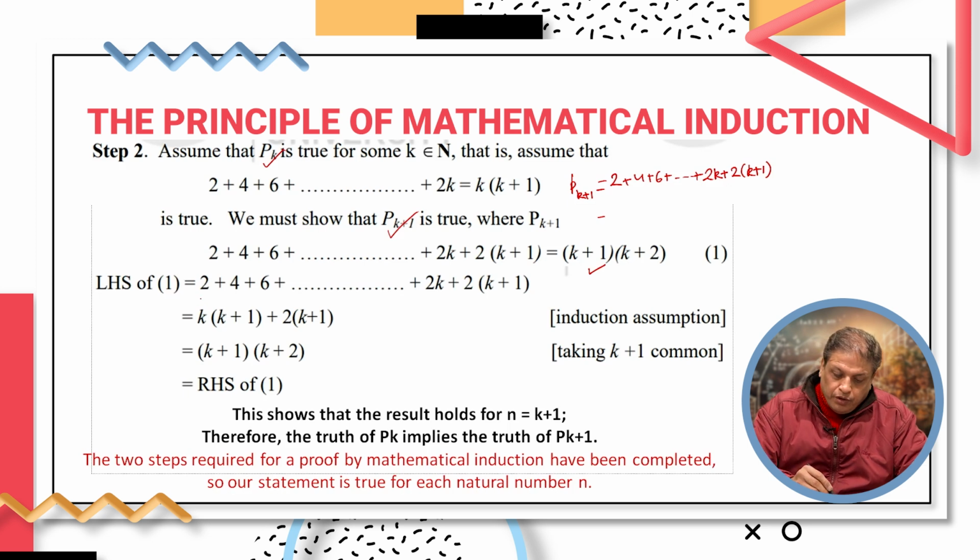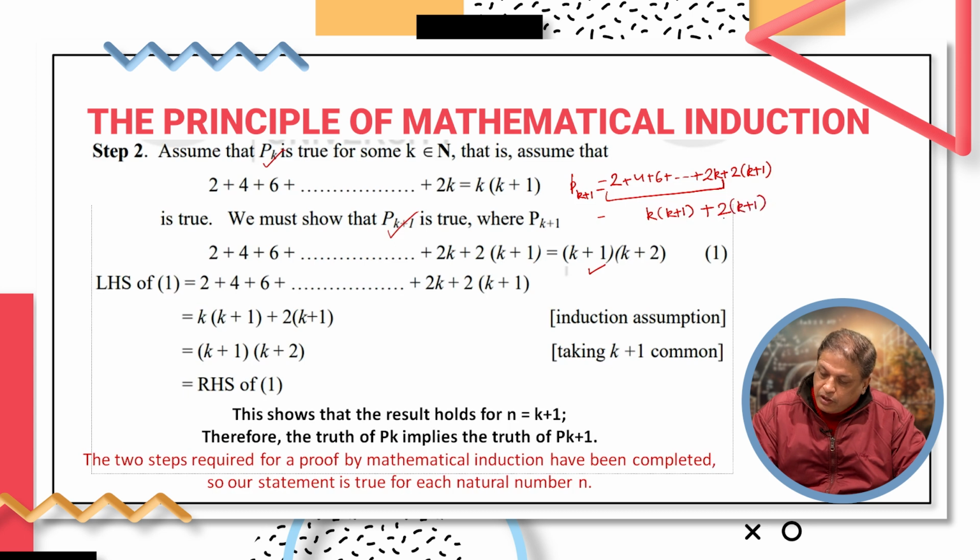If we follow this sequence 2 plus 4 plus 6 up to 2k, the answer was k into k plus 1, and subsequently we are adding the term 2 into k plus 1, which is the next even number. Taking k plus 1 as common, we will be having k plus 1 into k plus 2.